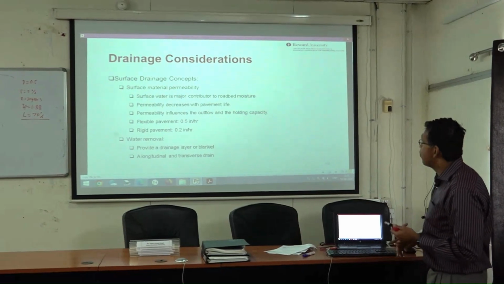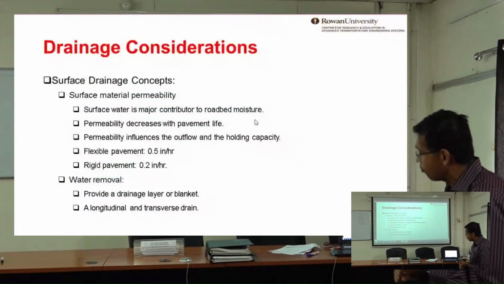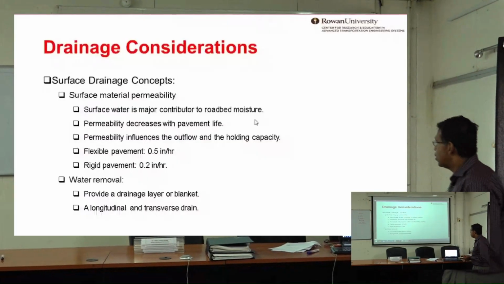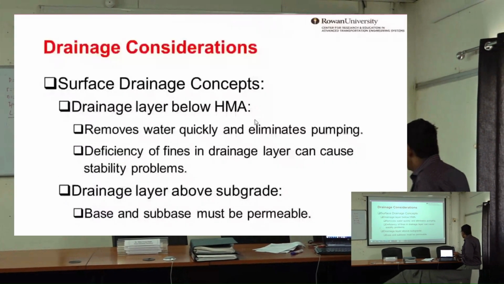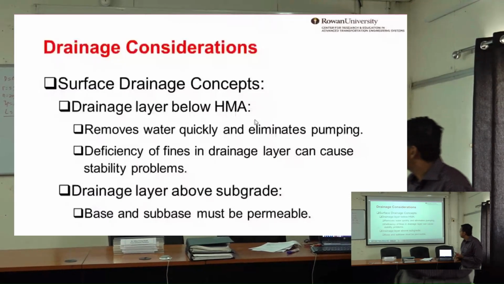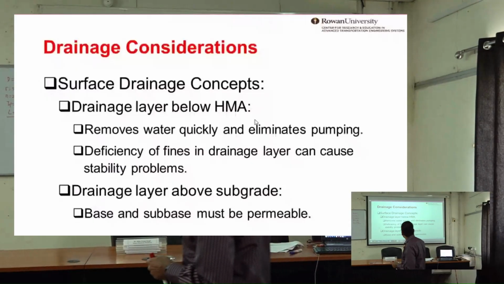Then for permeability in a sectional pavement, these are some permeability numbers that they don't want to exceed, and then you want to provide logic. Surface drainage concepts for hot mix: below the hot mix asphalt layer, you want to provide a drainage layer. How do you provide a drainage layer?